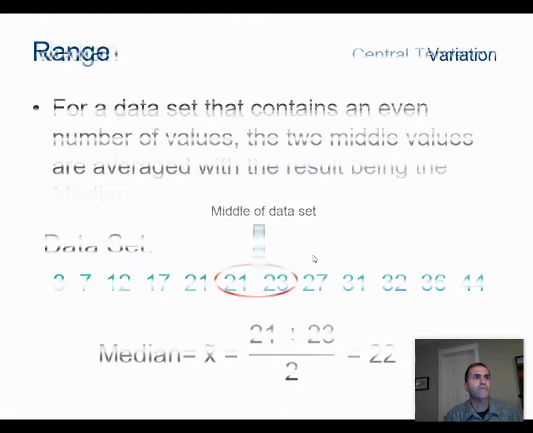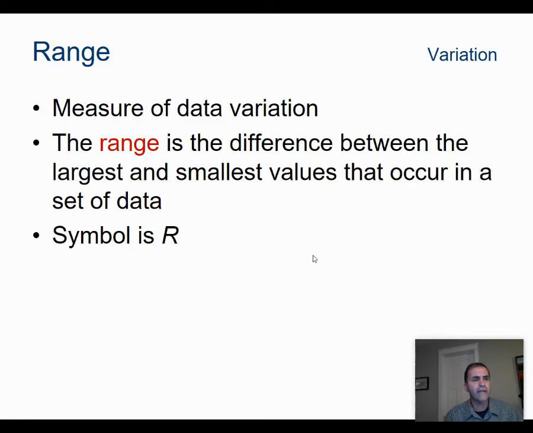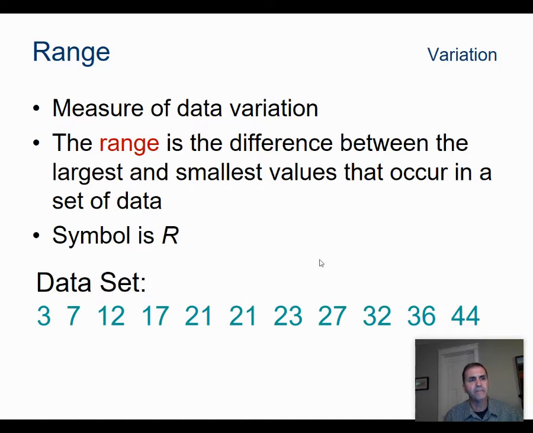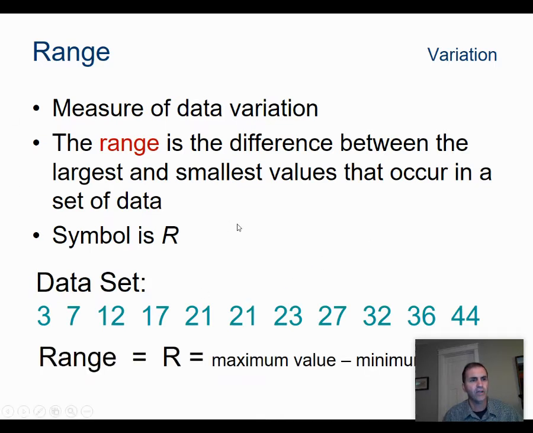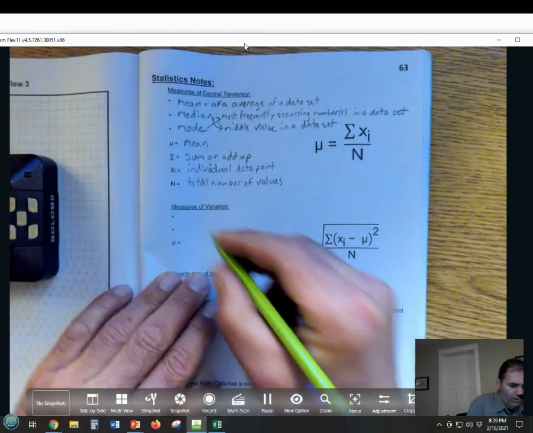All right, let's move on and talk about now some measures of variation. So we've got the range. The range is pretty simple. It's the biggest value minus the lowest value. So in this case, it's got a range of 41. Let's go ahead and write that down here.